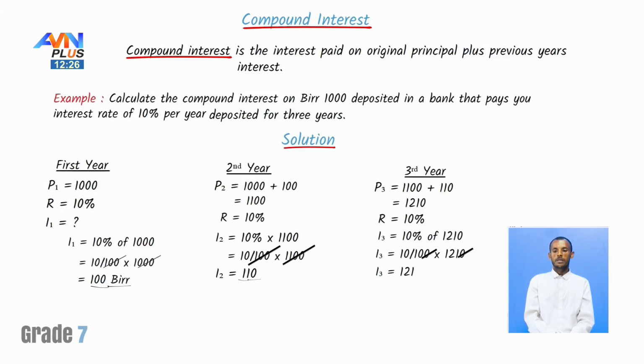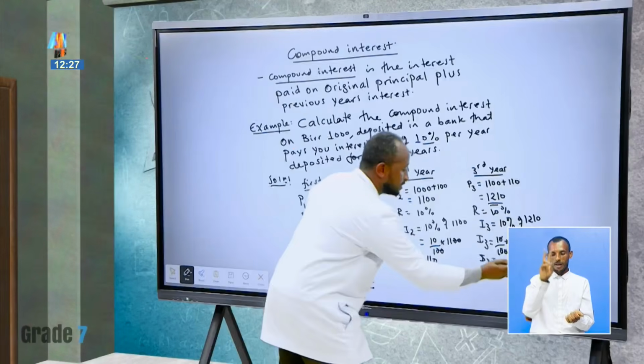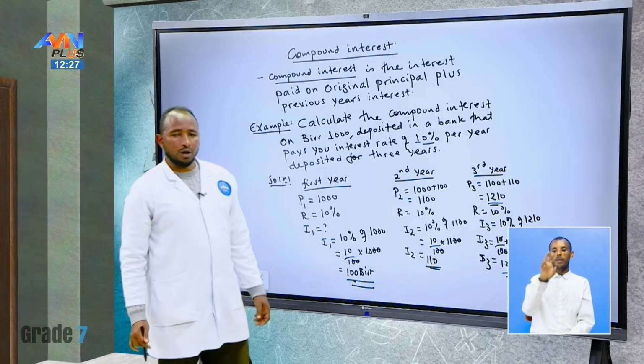So I3 will be equal to 10 over 100 times 1,210. I can cancel the zeros, and you have 121. Therefore, the third year's interest will be 121.